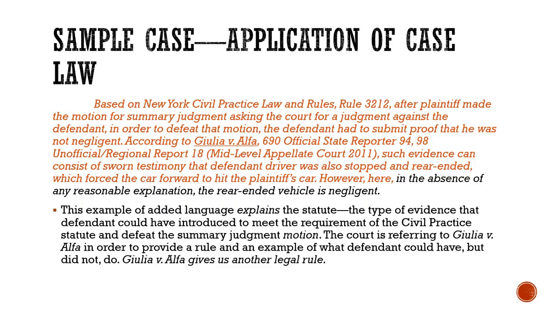So whenever a party wants a court to make a decision or grant some type of relief, they'll file a motion and move the court for the specific relief. But in this case that we're looking at on this slide, the movant, the party making the motion, is the plaintiff, and she moved for summary judgment and asked the court to decide the case in her favor without a trial.